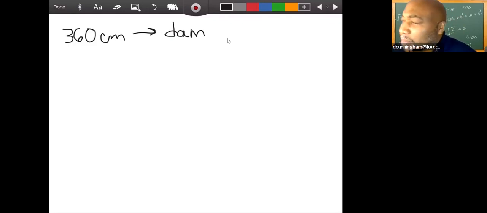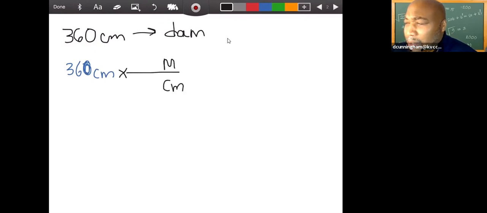So I'm going to write down 360 centimeters and multiply it using a unit fraction of meters on the top and centimeters on the bottom, and then do the same thing with decameter on the top and meters on the bottom.